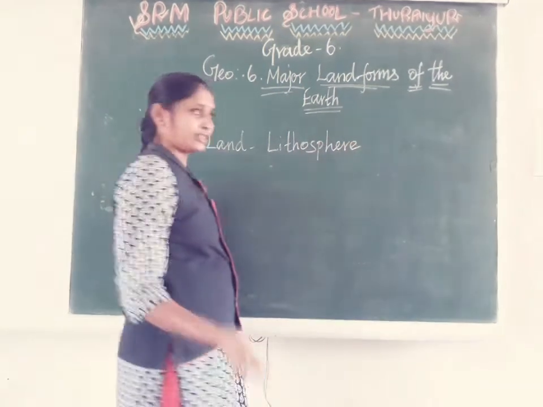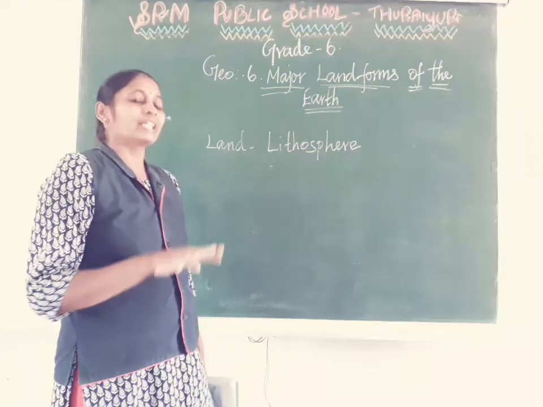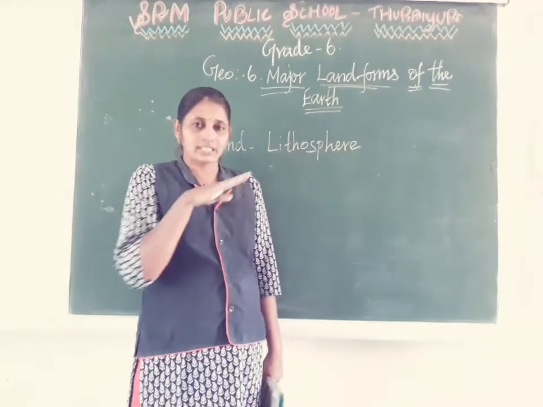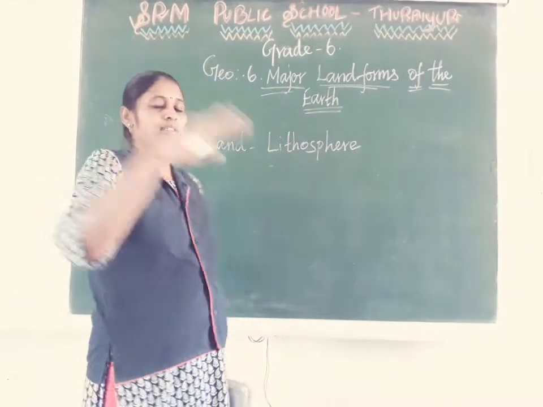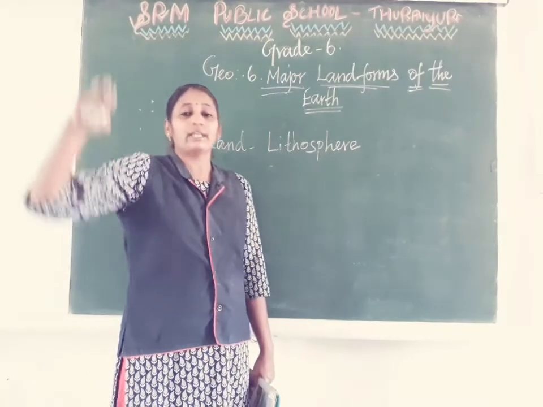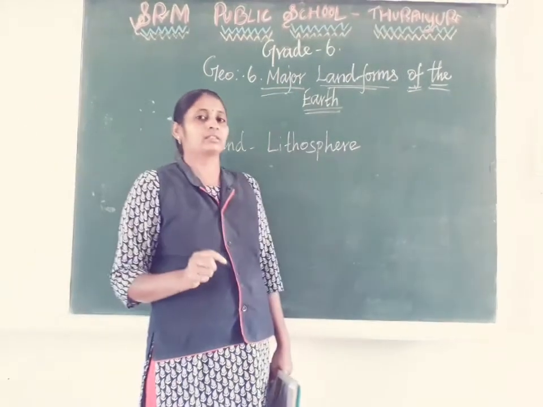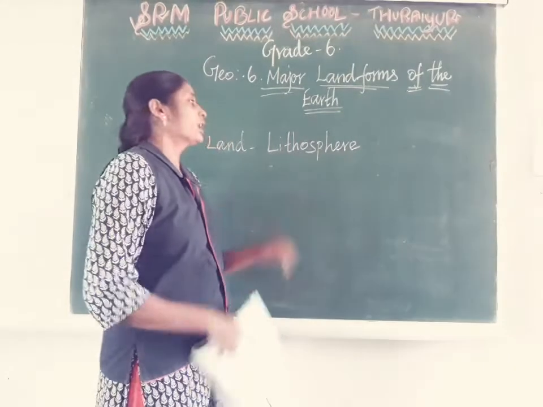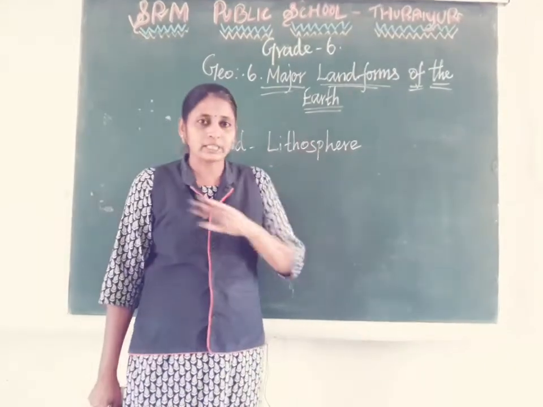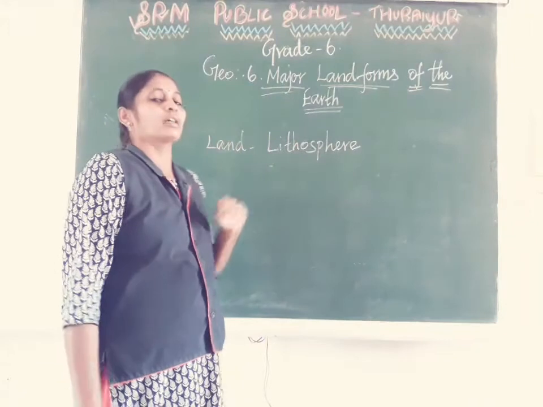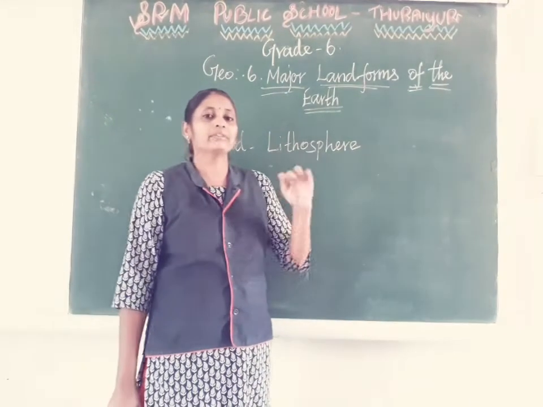Is the lithosphere, the land, equal in all places? Can we see some ups and downs, some uneven parts? Yes, our earth's lithosphere is not even in all places. We have a lot of uneven places.